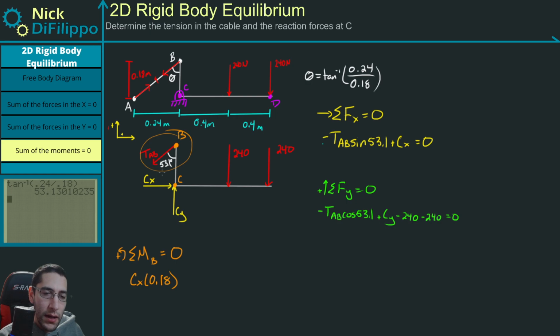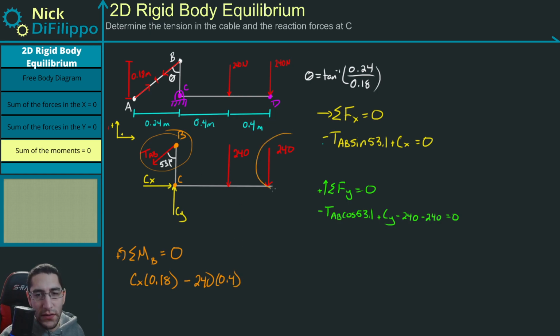All right. The next force is going to be this 240 Newton force. As we rotate 240 Newtons about point C, it rotates tail first. So this is going to be minus 240 times this perpendicular distance, which is 0.4 meters.